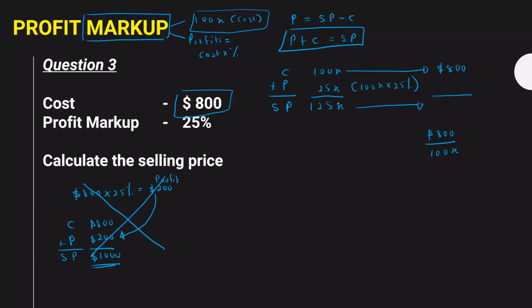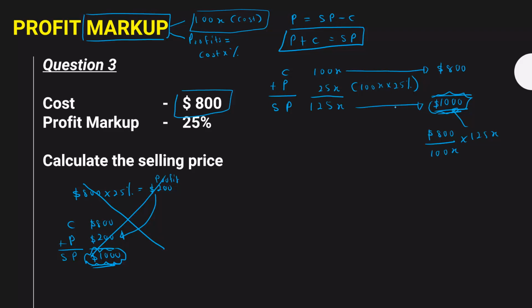Likewise, I want to find 125x. If I do the multiplication, I get an answer of $1,000. So using this method also I got an answer of 1000.